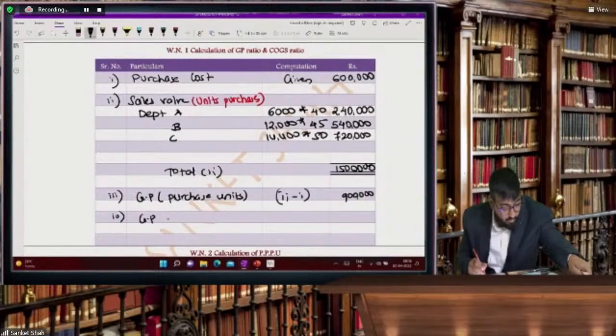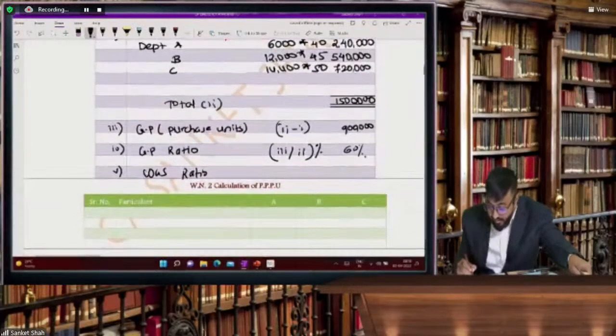Roman 4. GP ratio is Roman 3 upon Roman 2. 9 lakhs upon 15 lakhs. 60%. 60 percentage.